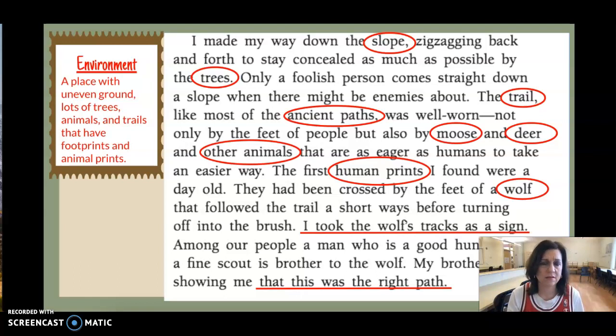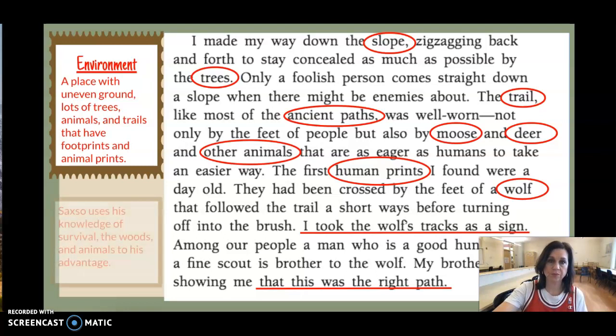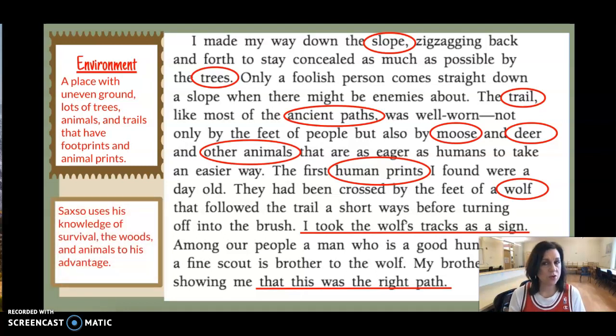Lots of trees. Lots of different animals that, though he doesn't see them, he sees signs of them, from the footprints. Human prints. So that's the environment that he is in right now. Saxo uses his knowledge of survival, the woods, and the animals to his advantage. He knows a lot about this stuff, as we read. He's very knowledgeable about what to look for out in the woods.